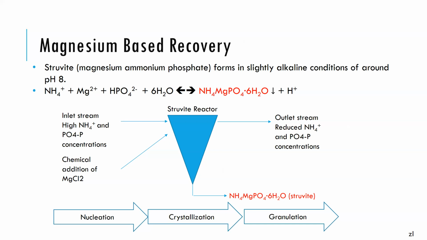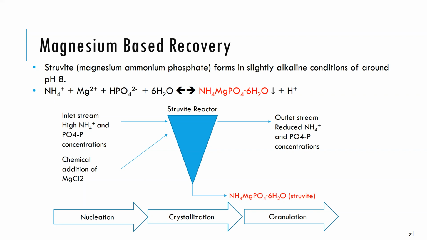As you can see here, the magnesium-based recovery is largely based on the formation of struvite, or magnesium ammonium phosphate. This chemical is actually a crystal that will form under certain chemical conditions in both liquid and solid sludge phase.